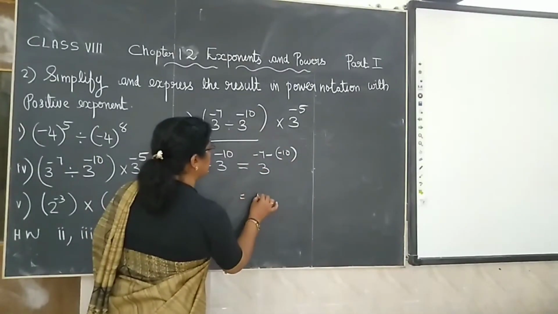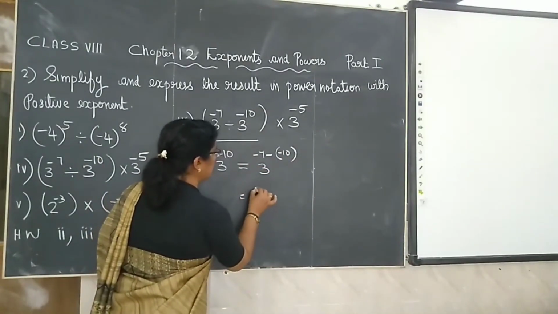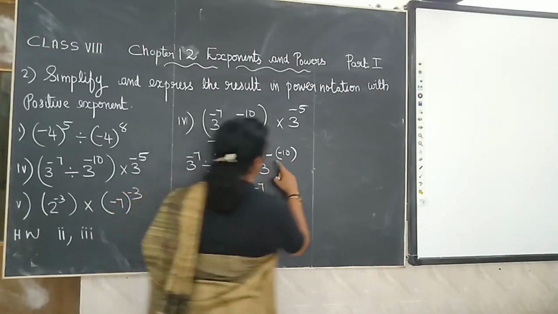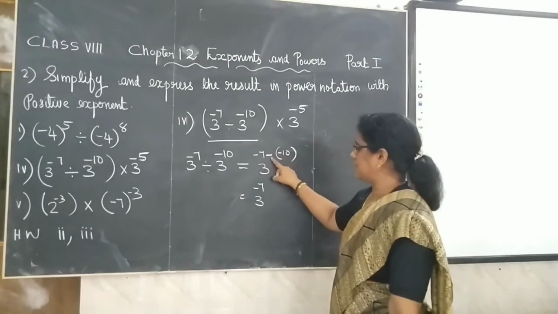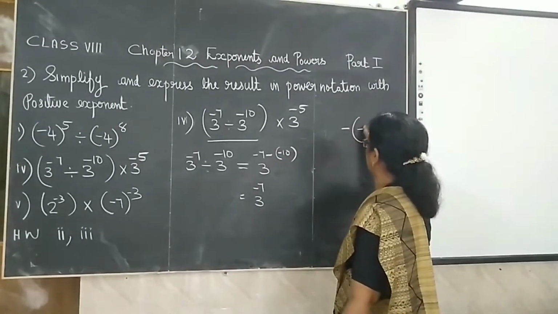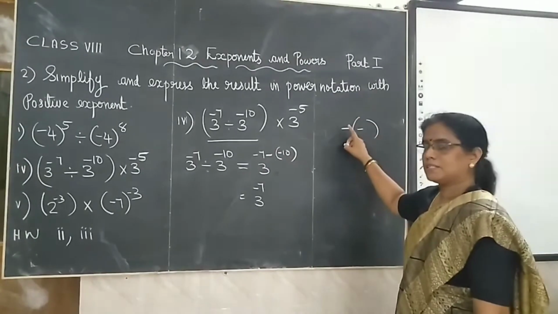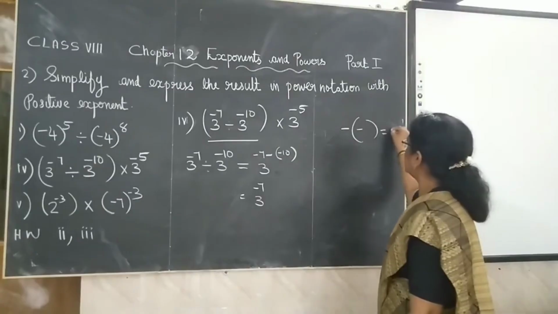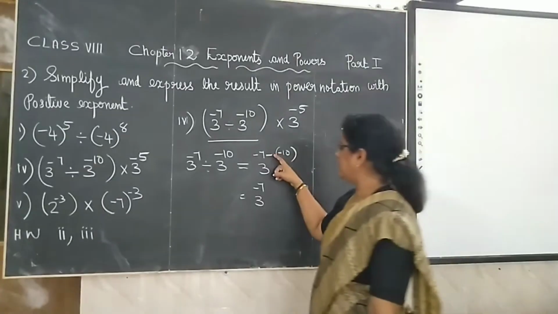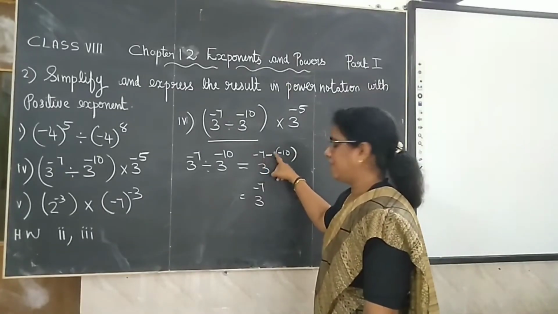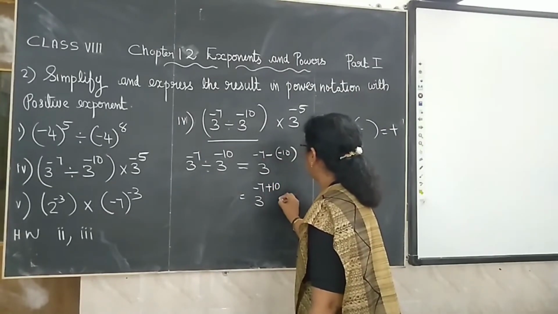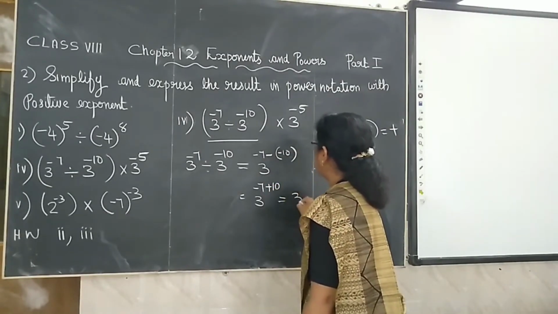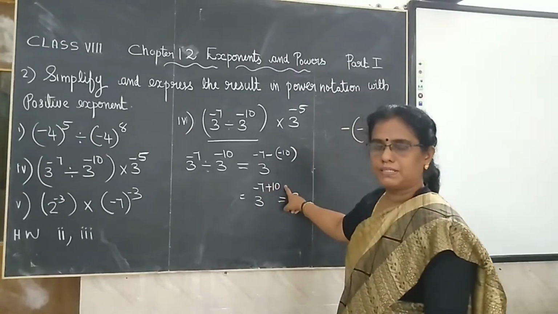So this becomes 3 raised to minus 7, and minus into minus is plus. So this becomes minus 7 plus 10. That is equal to 3 raised to minus 7 plus 10.